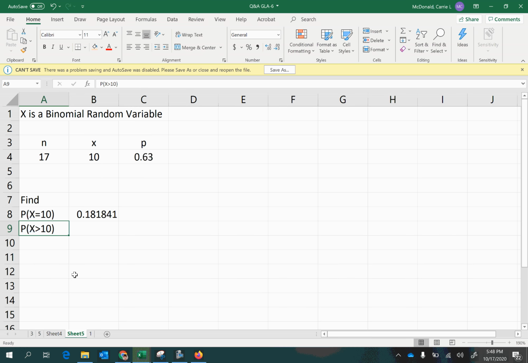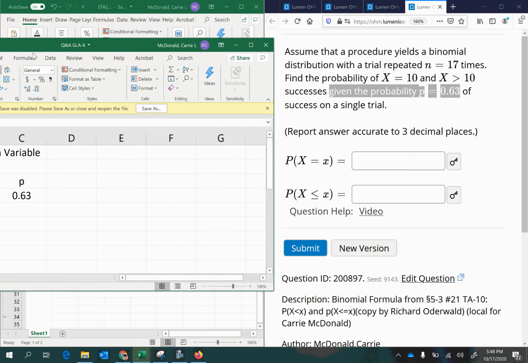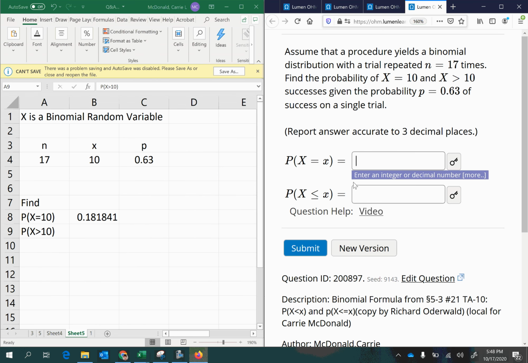This second part actually does not match the way the boxes where we enter our answers. So maybe this question was changed, but we can still find what's asked for here, less than or equal, and we can also find this answer too and just pretend that there's a box for that answer.